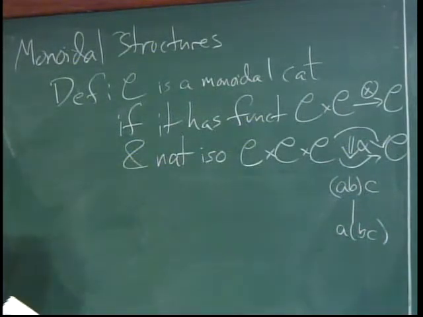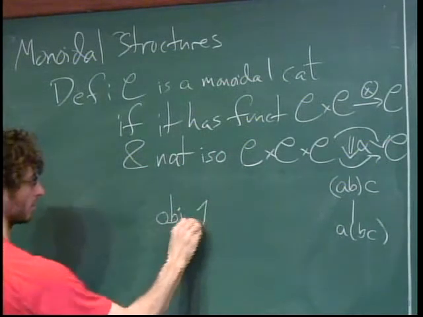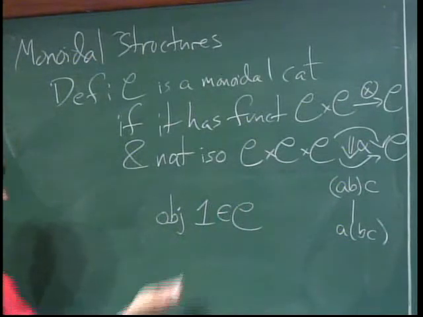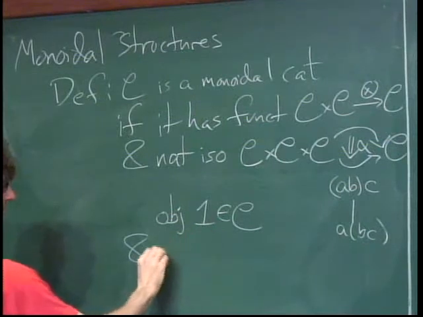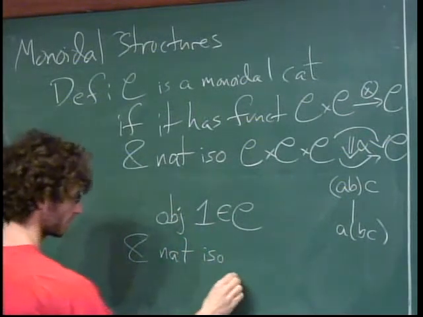And then it should have a unit. So it should have some object called 1 in C, which is going to function as a unit. And then it needs to have some natural transformations that say that this is the unit.